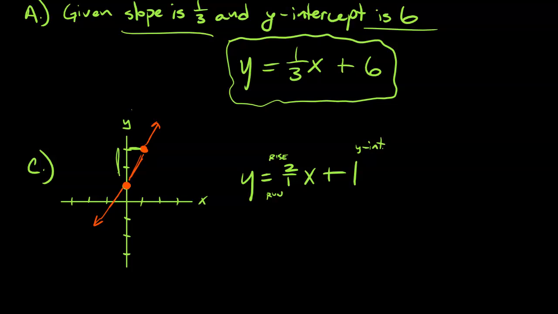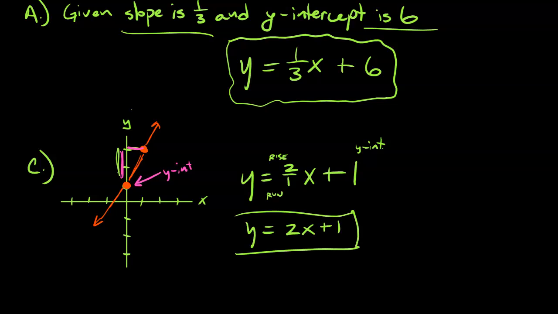All you have to do is look to see where the line crosses the y-axis. So the slope was a little bit harder because you had to count. That's the hardest part apparently. Otherwise, excellent job. So that would be how we would write it in slope-intercept form.